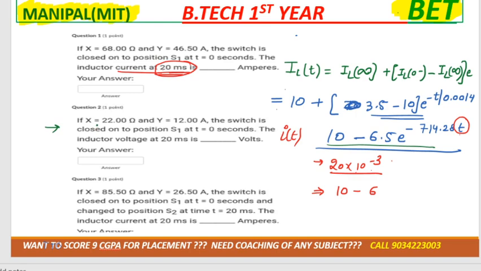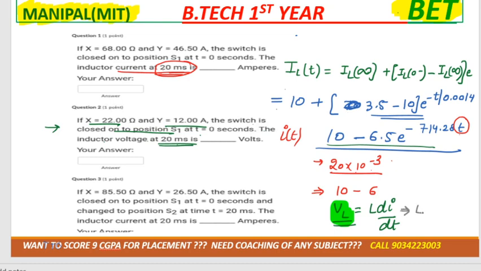Okay? Now in the next question, given that the switch is closed onto position 1 at t equal to 0 second, that is the same. They are asking for the inductor voltage at 20 millisecond, so VL is equal to L di by dt, voltage across the inductor, right? So what is the formula for voltage across the inductor? L di by dt.